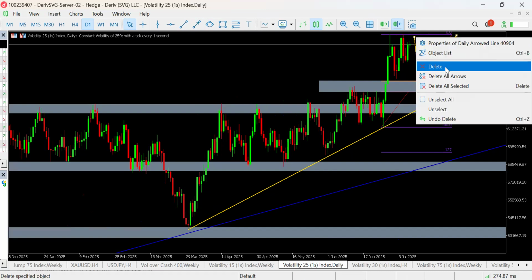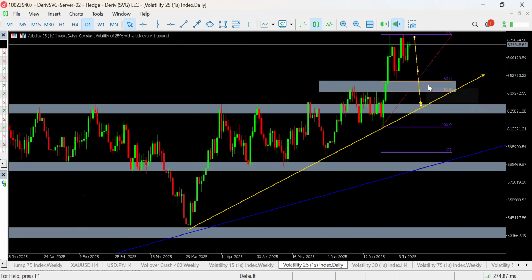So the probability of price breaking through these two zones and now coming down to touch this trend line is there, but it's more unlikely than it just coming here and then going upward.